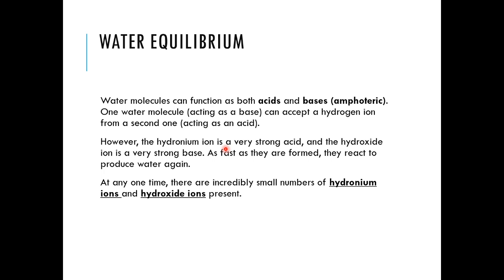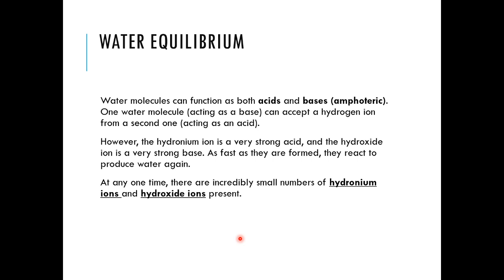In a sample of pure water, one water molecule will act as a base, meaning it will accept a hydrogen from a second water molecule, which means it is acting as an acid. This reaction is constantly happening in every sample of pure water.